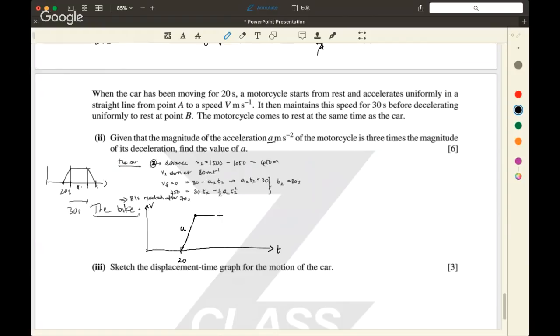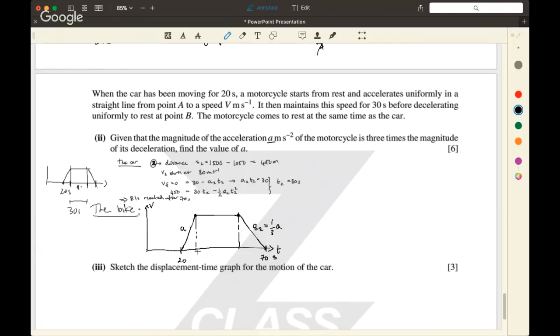Then it spends some time at a constant velocity, and then it decelerates at a much slower rate. So what they're saying is A2, which is equal to 1/3 A. And we know that it reaches here at 70 seconds.